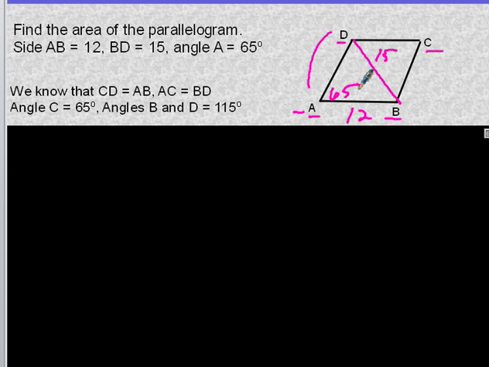So we either need the length of this side to use the semi-perimeter formula, or we need this angle to use the sine formula.